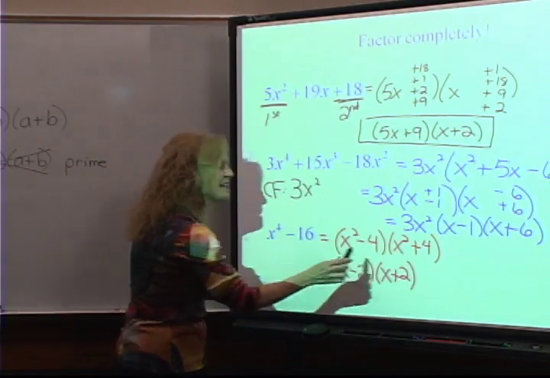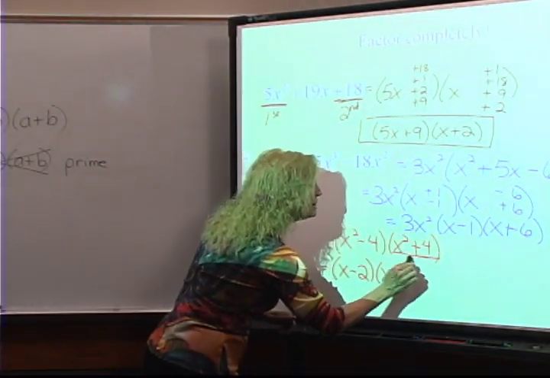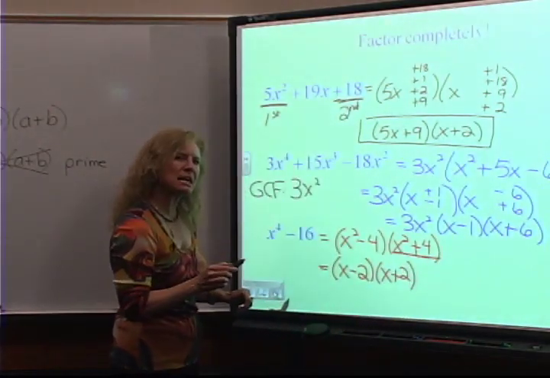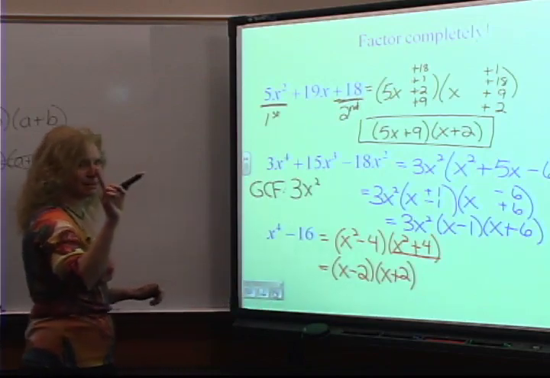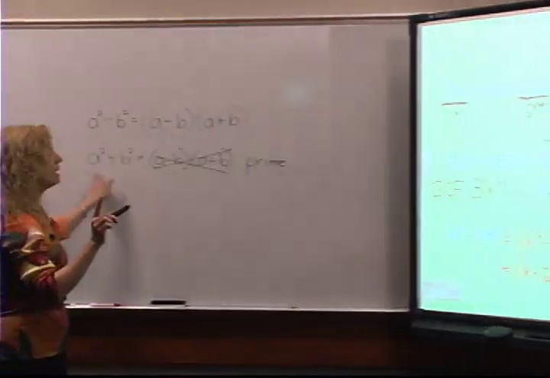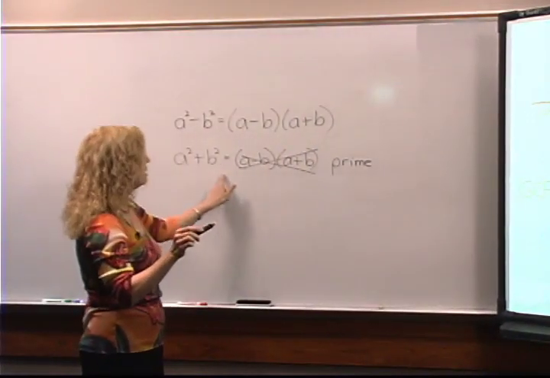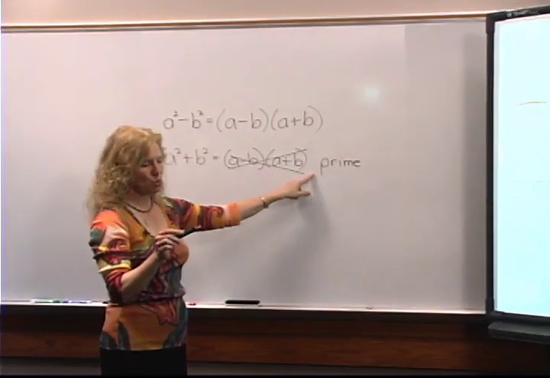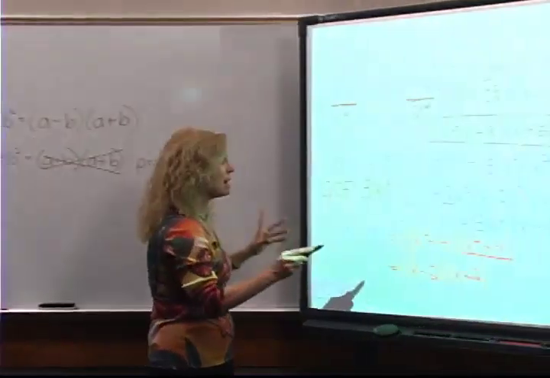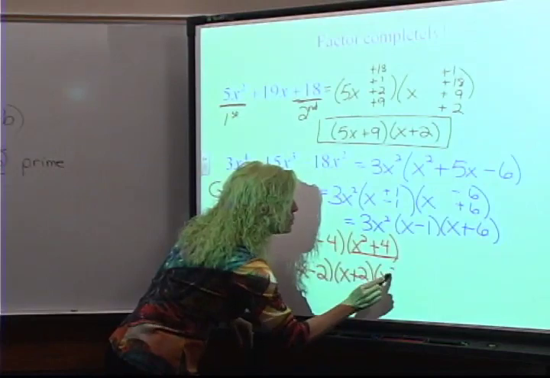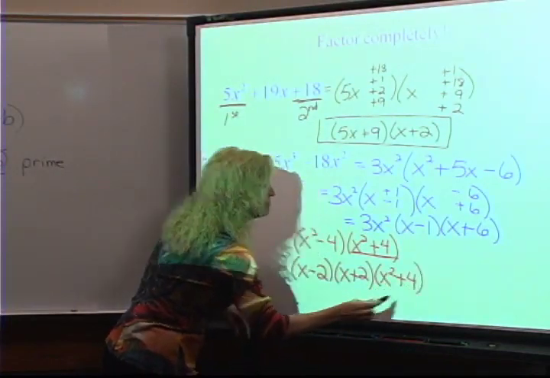Okay. Now, what about this x squared plus 4? Can I factor it down? A sum of squares is prime. Okay, so it's got to stay x squared plus 4.